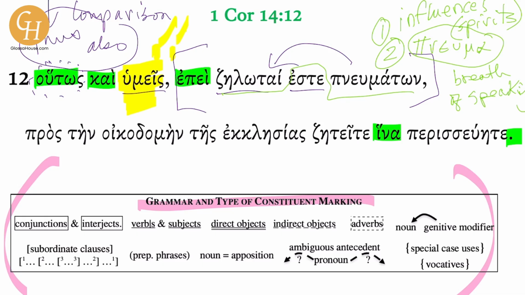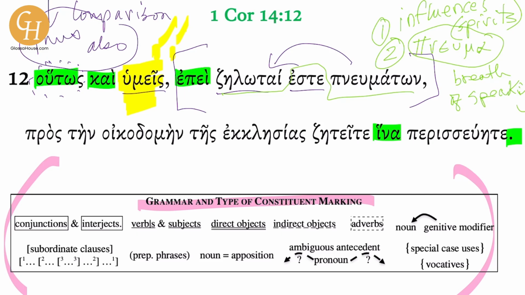I don't know whether that's contemporaneous to Paul. So it's kind of interesting that spirits may have to do with speaking. Like, since you're zealous for many breaths to speak with, that could be the sense there. Okay, so possible background. Epei marks support. It is a subordinating conjunction. Epei zēlōtai este pneumatōn. Okay, so that's all subordinate clause.